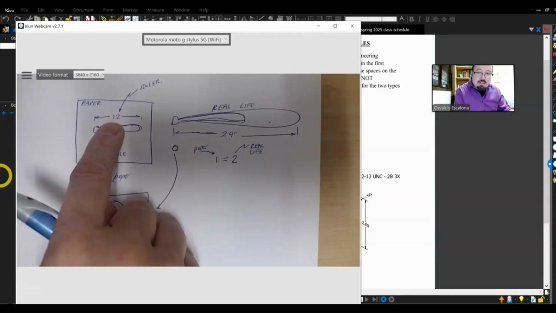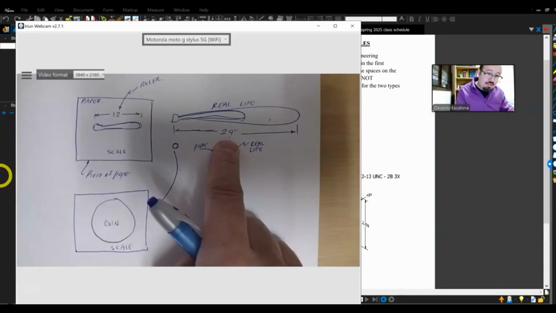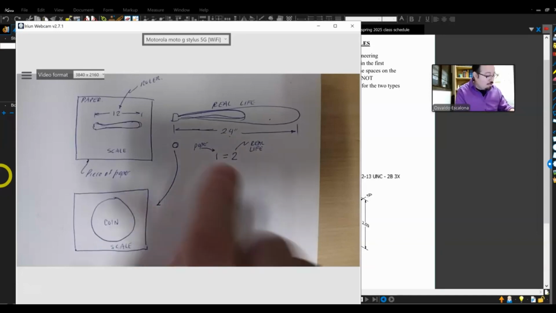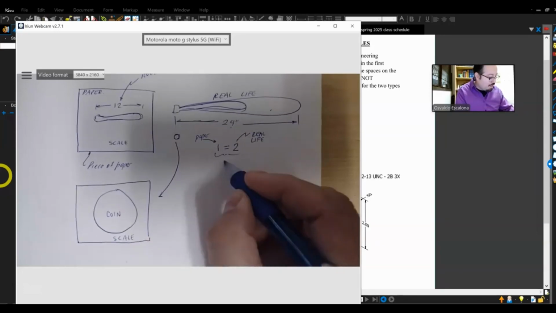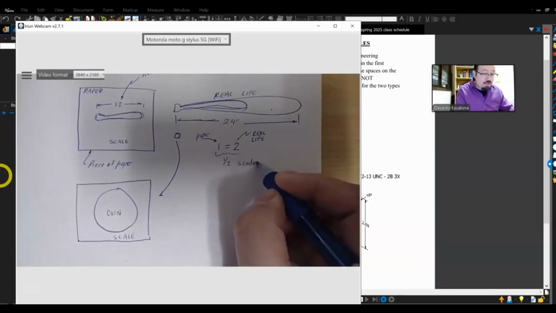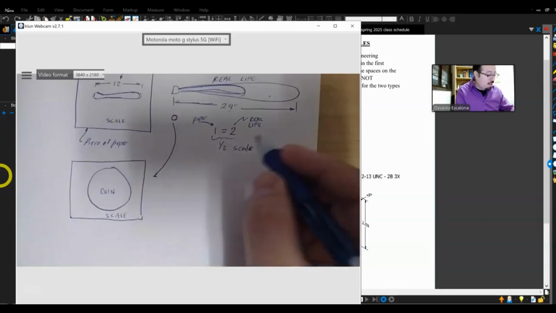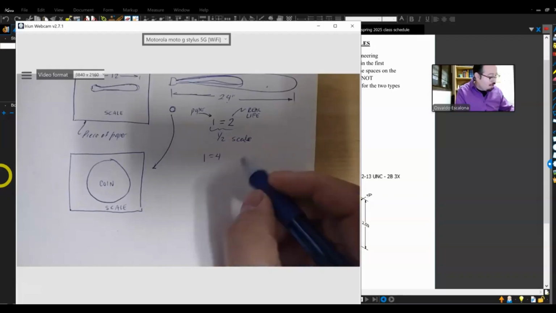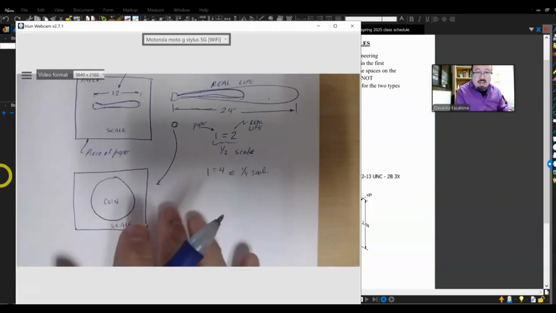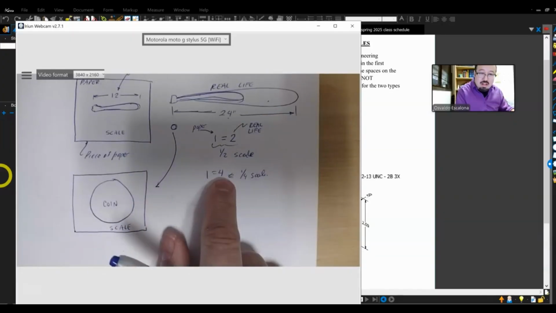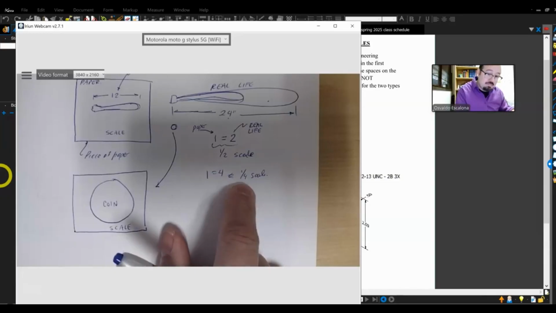In this case, I measure 12 inches on the paper, which signifies 24 inches in real life. That's why sometimes you call this half scale, because I got the real life and I half scaled it. And if you were to do 1 to 4, you would call it quarter scale, because I have scaled down the real life to a quarter of its size. That's pretty much what it means.